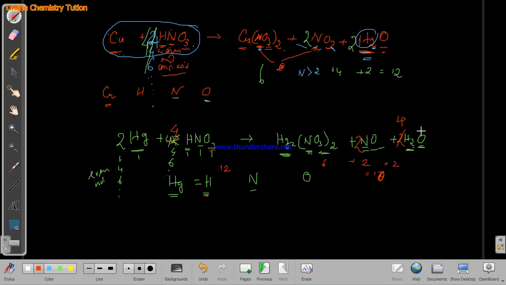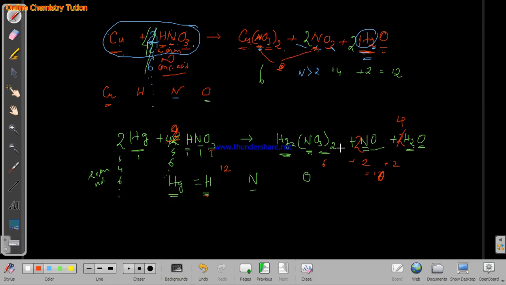If you bring it 4, then hydrogen will be 8, and you have to bring it 8 here. Nitrogen will be 8 here, 2 or 2, so 4.